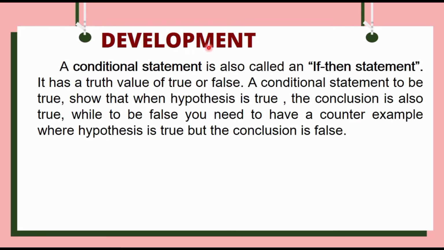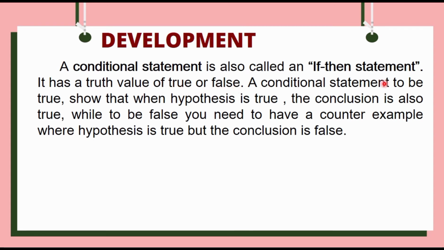Let's move on to our development part. A conditional statement is also called an if-then statement. It says that conditional statement is divided into two parts. The first part is the if part, or the hypothesis, and the second part is the then part, or what we call our conclusion. So conditional statement also has a truth value of true or false.